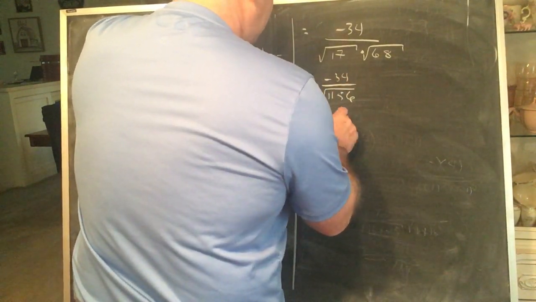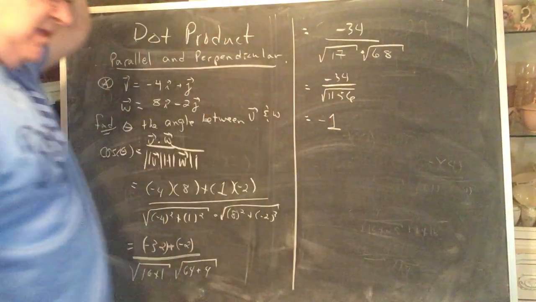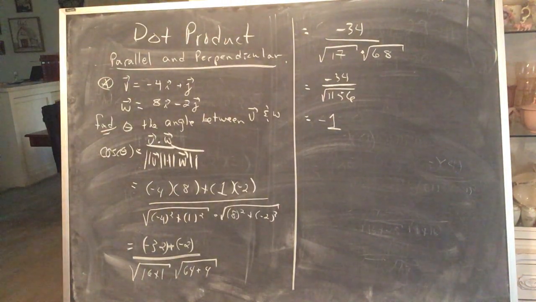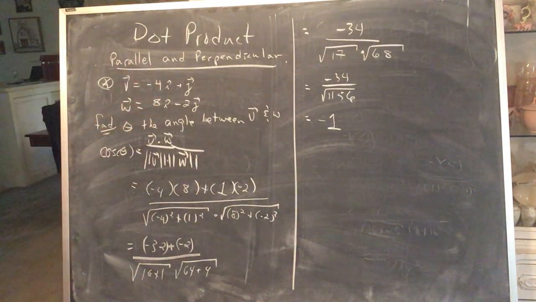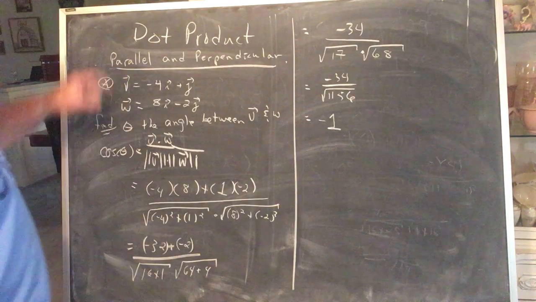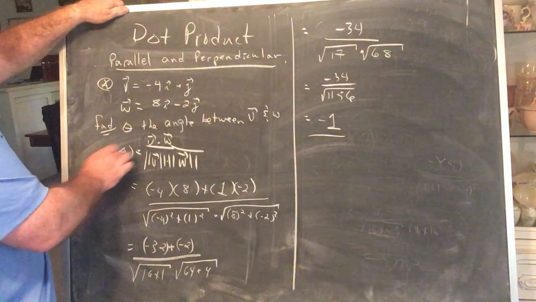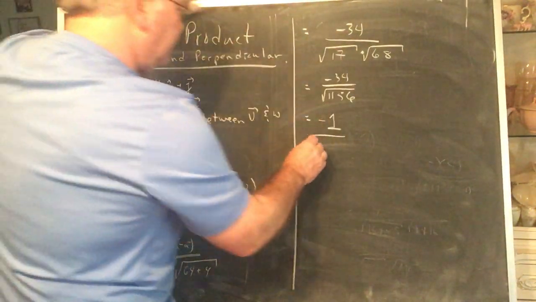And if you work this with a calculator, that works out to be negative 1. It probably shouldn't be too surprising that if this weird, long, involved computation works out to be some special little number, something special is going on, and that, in fact, is what's happening here. Because what we have now is cosine theta is equal to negative 1.